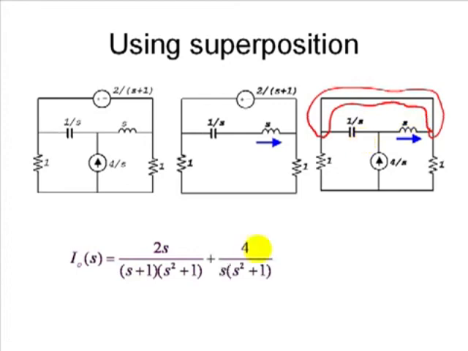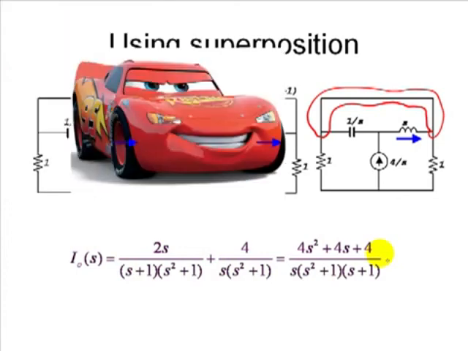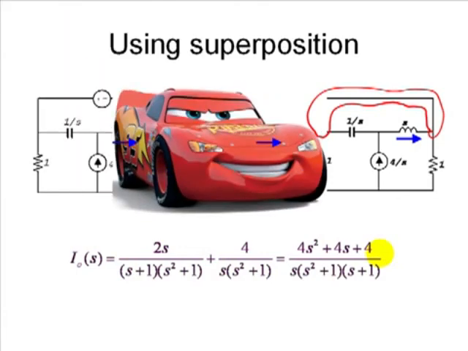So that is this component over here. We add them together, we simplify, and obtain the current in the inductor that we're looking for. Simplifying, we get exactly the same current we had before in a much, much faster manner. The rest of the solution is the same as before.